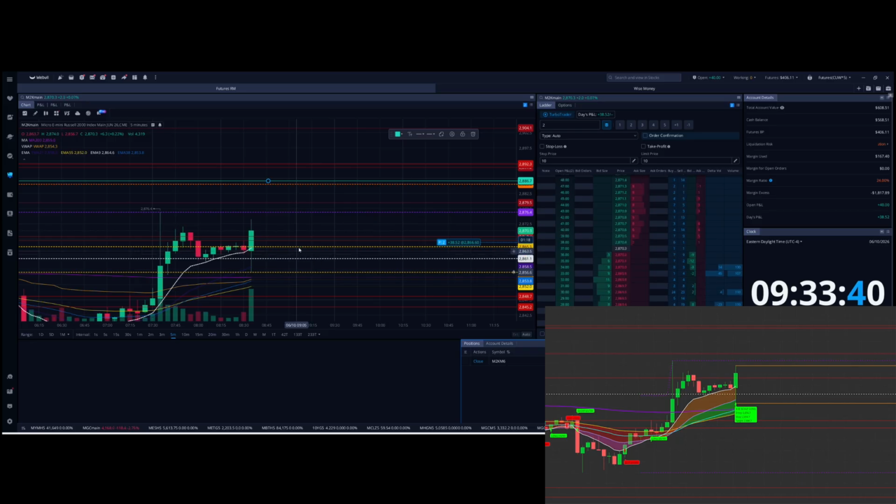We need for it to break and hold above this overnight range.